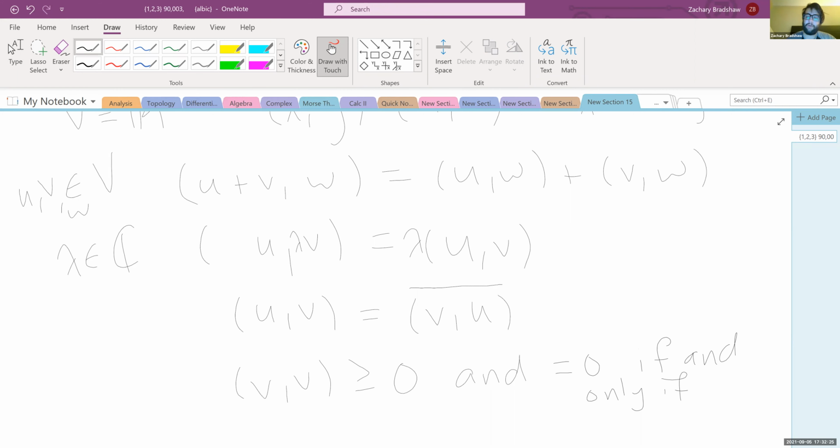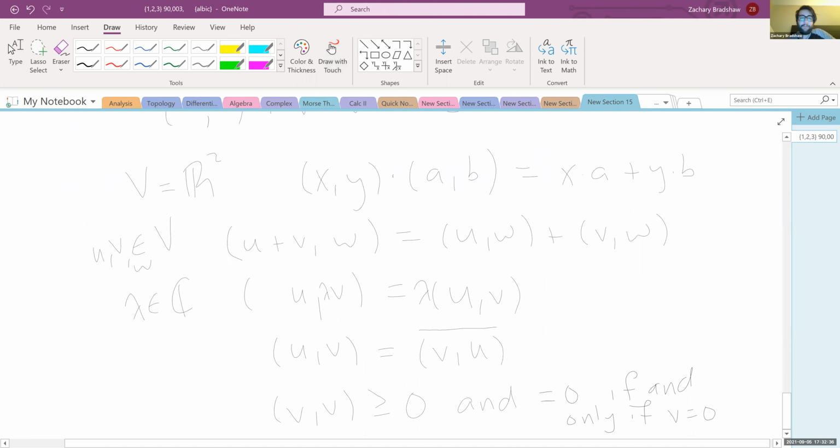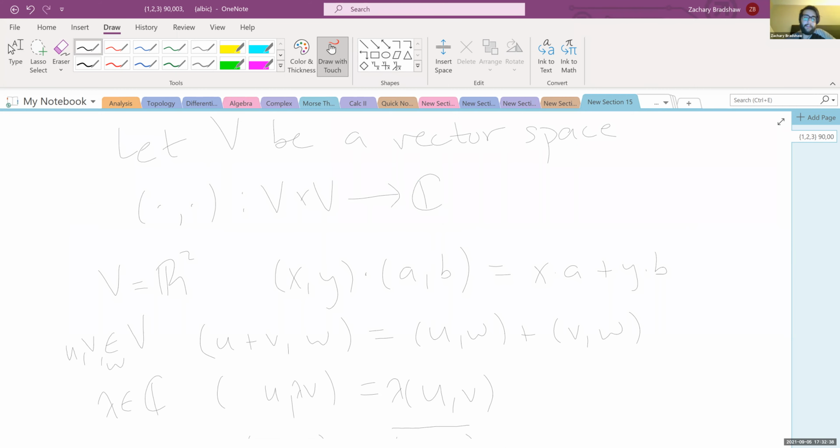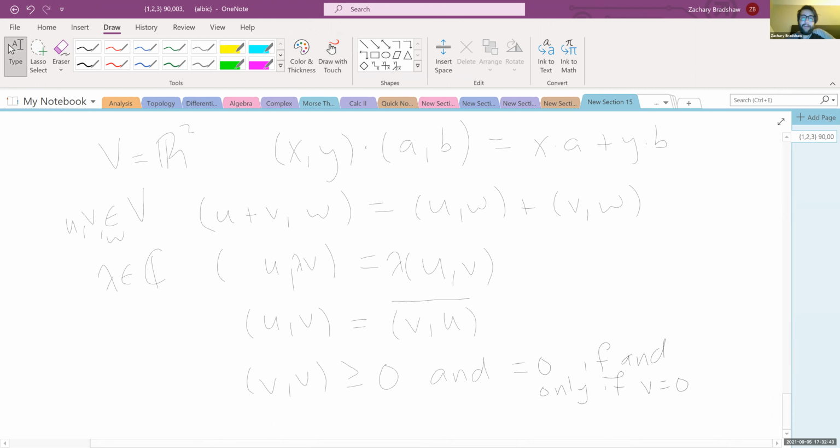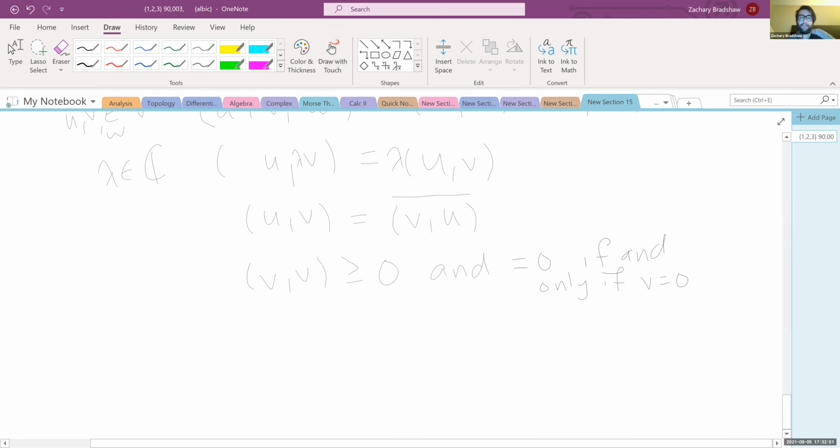Okay, so if you have some operation that takes two vectors and spits out a number, and it satisfies these properties, then what you have is an inner product. And so finally, that gives us a Hilbert space.